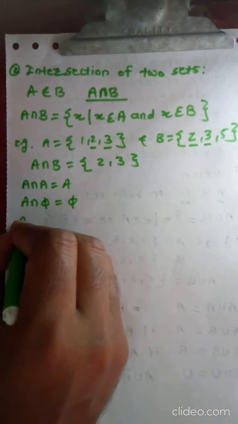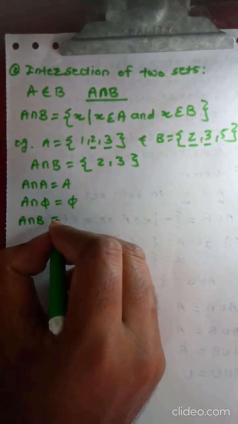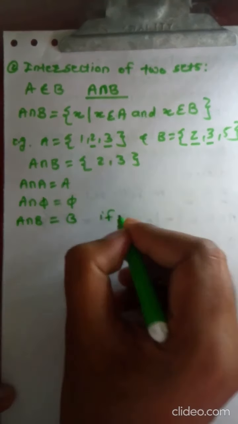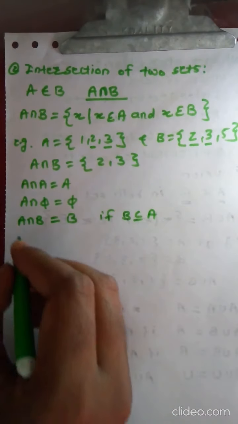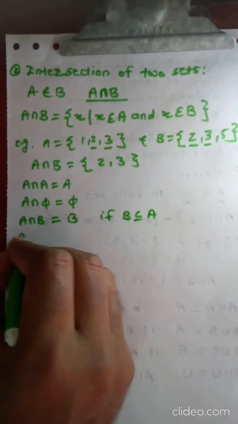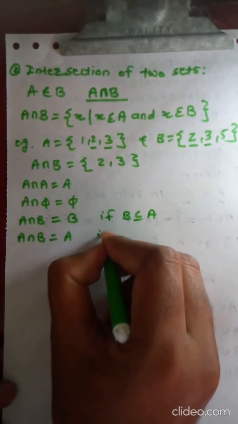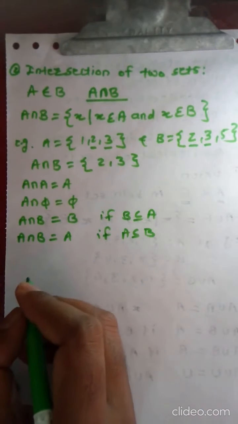Then A intersection B is equal to B if B is subset of A, and A intersection B is equal to A if A is subset of B.